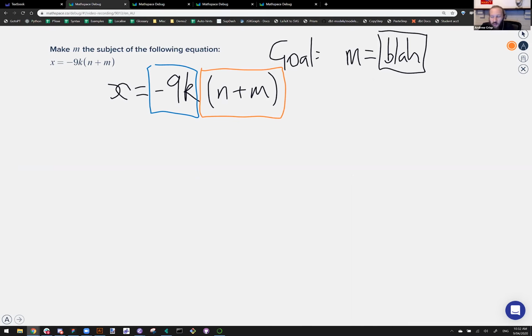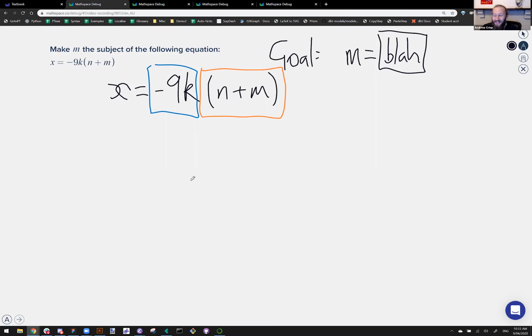I could individually box up the N and the M, but I'm just going to do it like this for the moment. Remember that writing things times each other is the same as writing them next to each other. If I want to get M on its own, I'm going to treat this blue blob just like I'd treat any number. If I wanted to move a number in this blue box over to the other side, I'd divide by whatever's in that blue box.